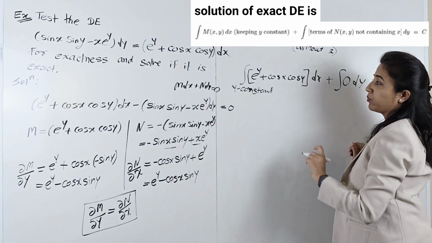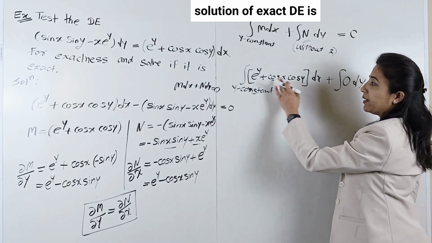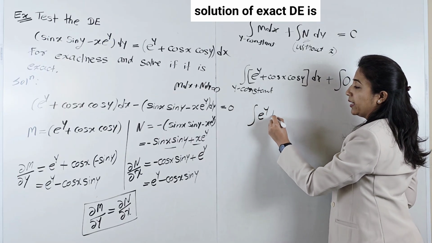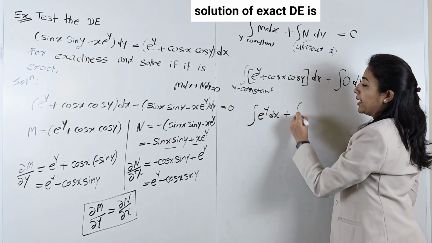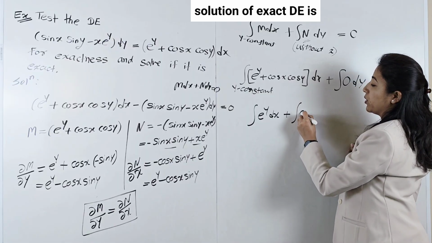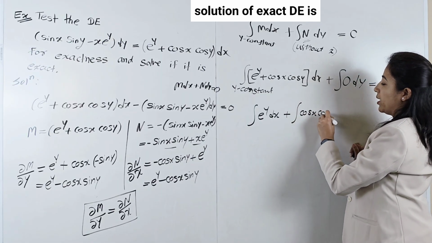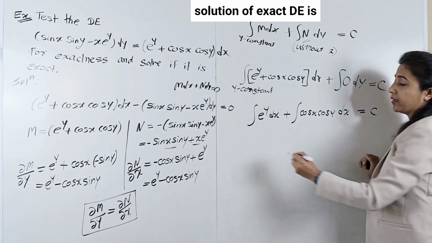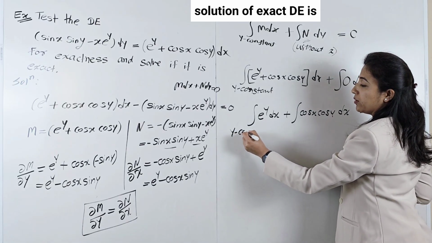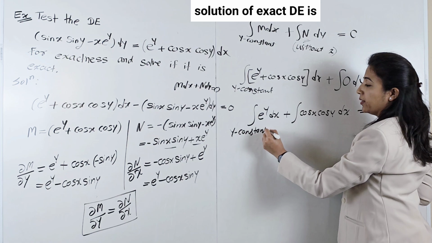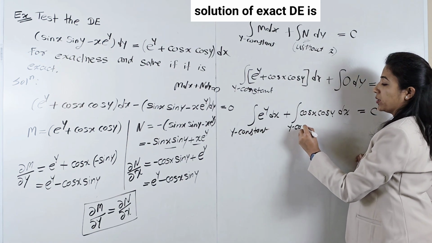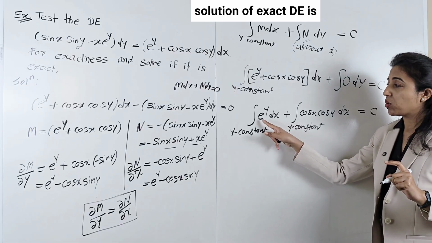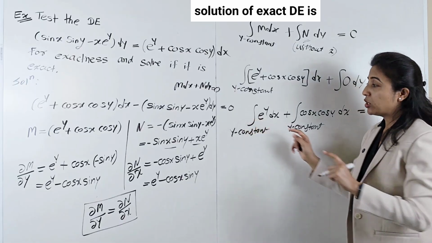Now integrate this term. When we are integrating, we can separate the integration. So the integration of the first term is e^y dx, plus the integration of the second term, cos x cos y dx, equal to the integrating constant c. Because y is constant, here also y is constant. When y is constant, we know that in the integration the constant term can be taken outside.